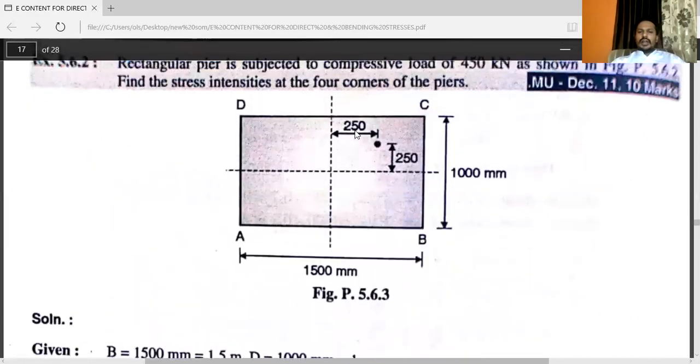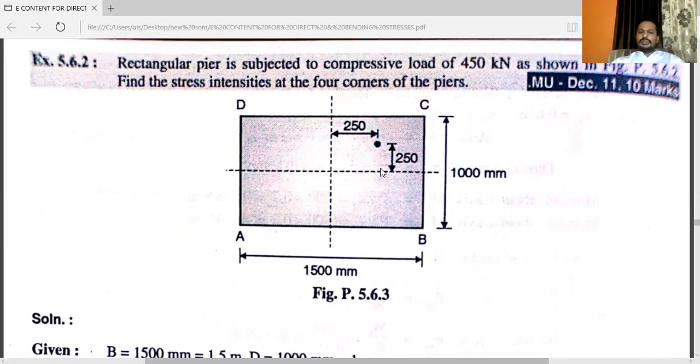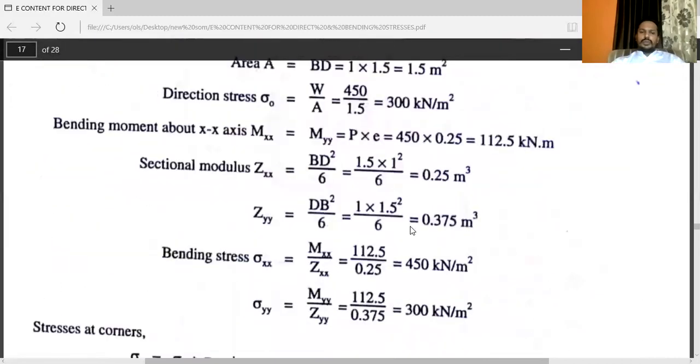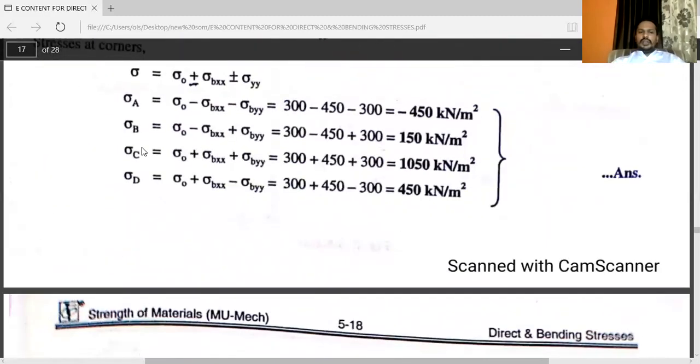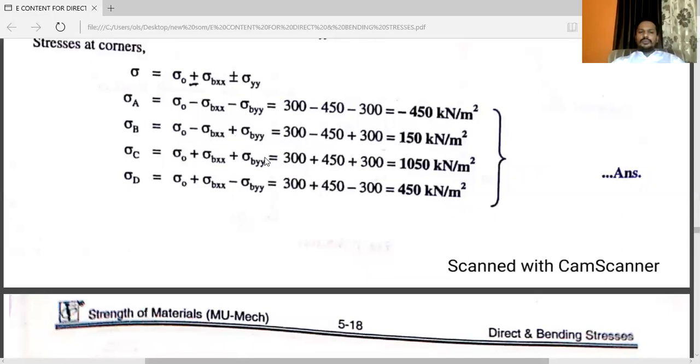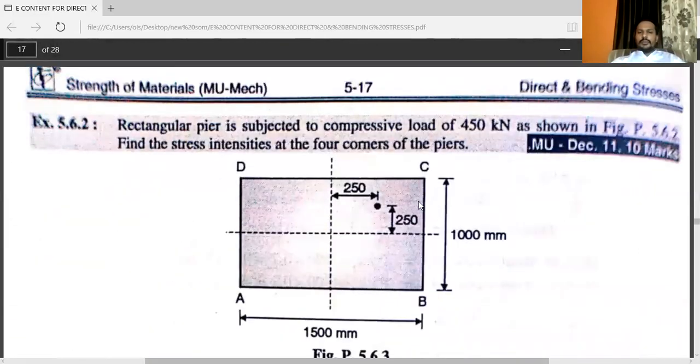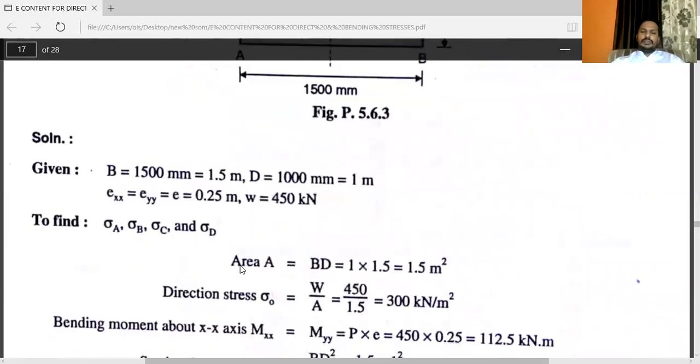While considering yy, you can see here, this is the vertical axis. Now here you can see the right side of the vertical line, the points are C and B. So C point and B point are positive, because the effect will be at this side only. At this side, D and A will be negative.